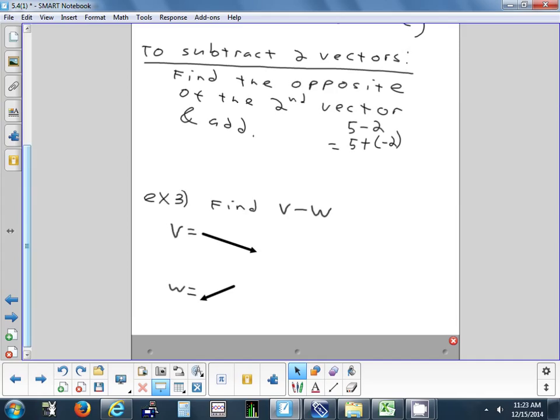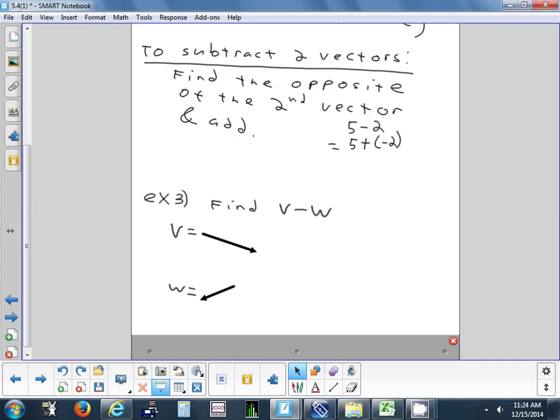So they want me to do V minus W. What's the first thing I have to do if I want to do V minus W? Yep, find the opposite of which one? Yeah, in this case that is W.